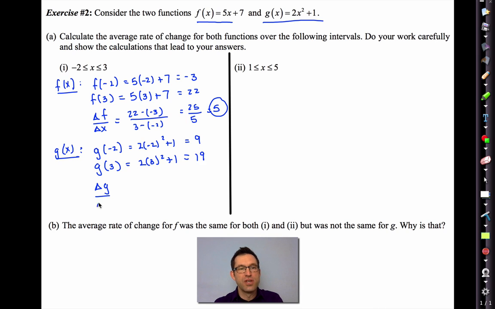So change in g divided by change in x will be 19 minus 9 divided by 3 minus negative 2. It's going to be 10 divided by 5 for an average rate of change of 2.